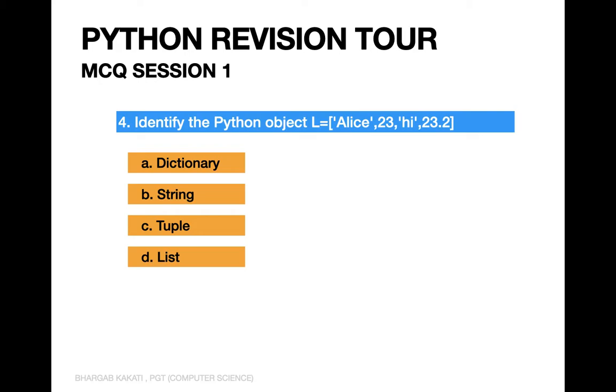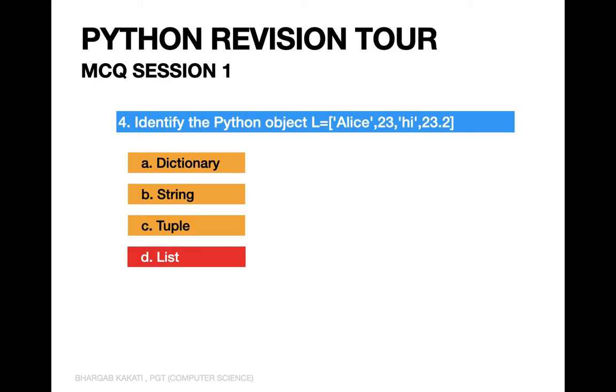Now, this Python object contains a collection of values. But how do we distinguish what is the Python object here? We can distinguish by the bracket. Here, which bracket is used? Here we are using the square bracket, and square bracket is used in case of list.